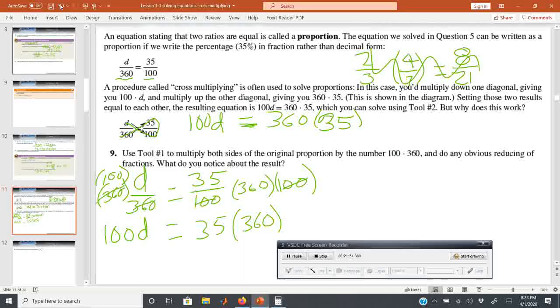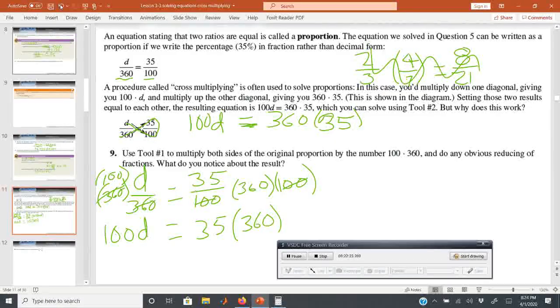And now we have 100 times 100. If I do all of this, I can multiply 100 times 35 times 360 divided by 100. Or I can divide the hundreds right away. And I end up with 100D equals 35 times 360.